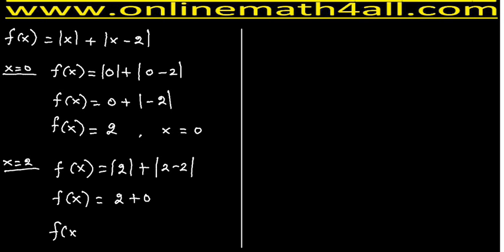So f of x is equal to 2. So here we get the same result for f of x for both x is equal to 0 and x is equal to 2.